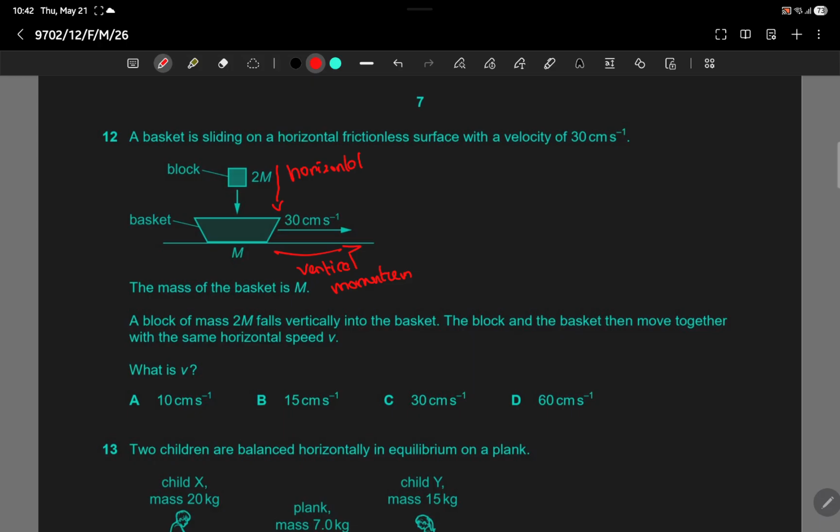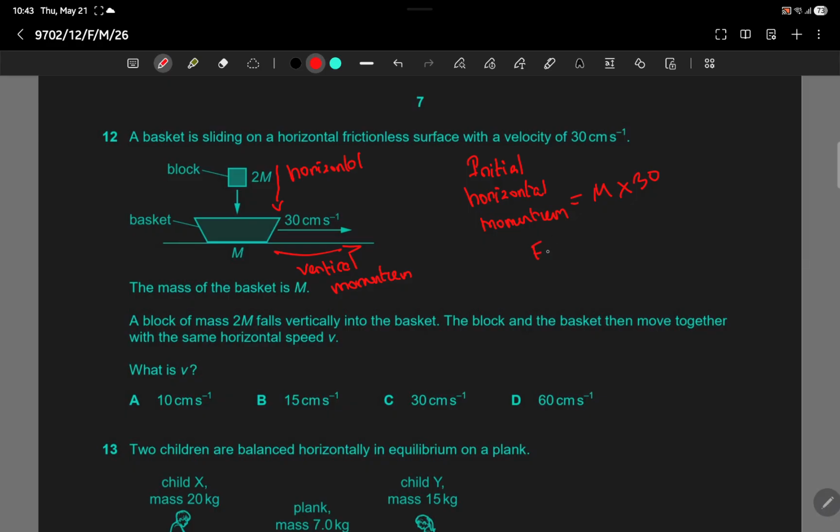So initially the horizontal momentum is the mass m into 30, but it then gets added to the mass of the block.